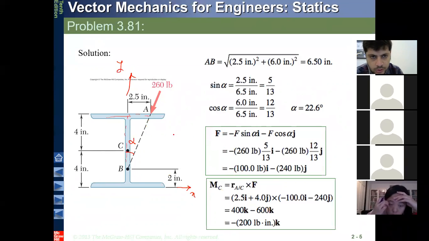So then you would have the force vector by calculating the components of it, and then you can calculate the moment of this force by the cross product rule, which is the distance vector cross the force vector.